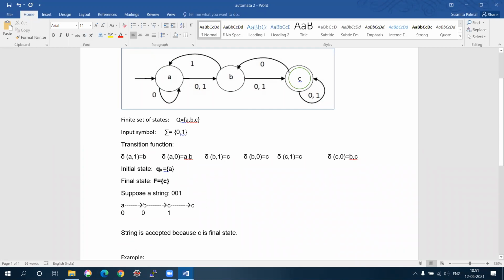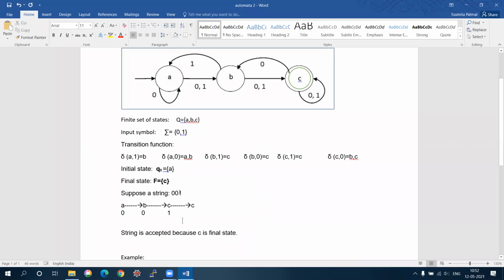You are in state B using 0, so where can the transition go? delta(B, 0) = C. You can see that B comma 0 equals C, that means it traverses from state B to state C. Then the present state is C, and up to 0 we have processed.